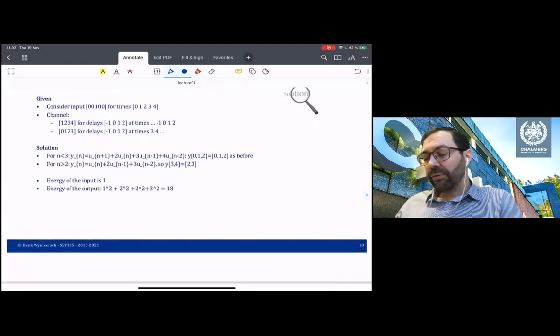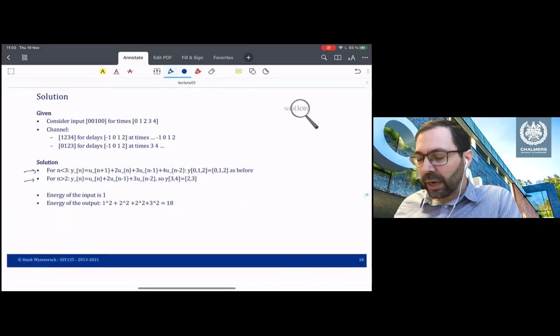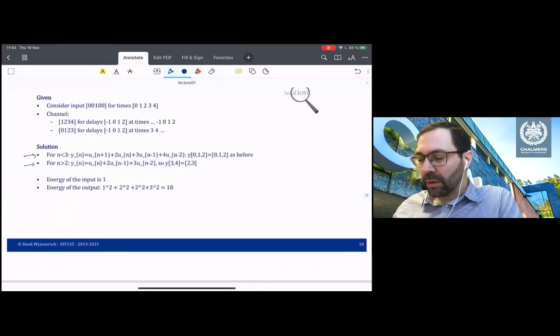We have basically two expressions: one for times up to time 2, and one for times greater than 2. Recall that up to time 2, the channel is given by 1, 2, 3, 4. The channel tap at time 0, which is 2, is multiplied by the incoming signal at time 1.